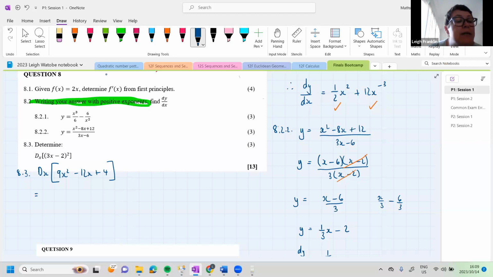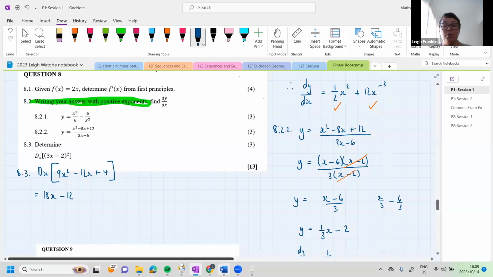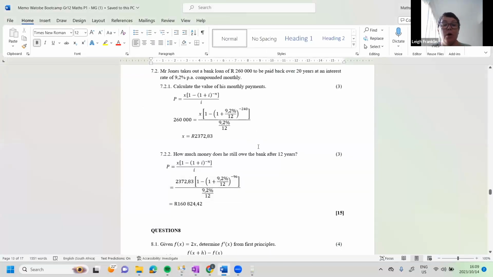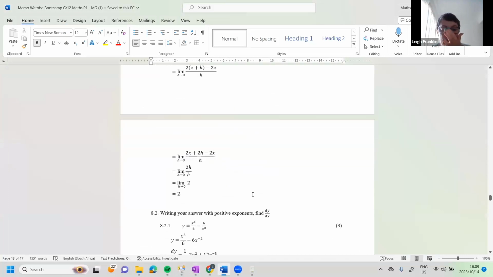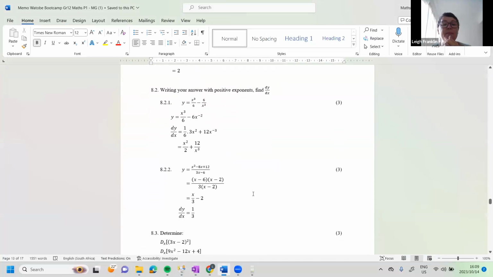And I'm going to drop my dx, I'm going to drop my square brackets, and I'm applying my power rule. So exponent times coefficient minus 1 from exponent. And then this would be minus 12. All right, and then the plus 4 would be gone. Okay. Is everybody happy with that?